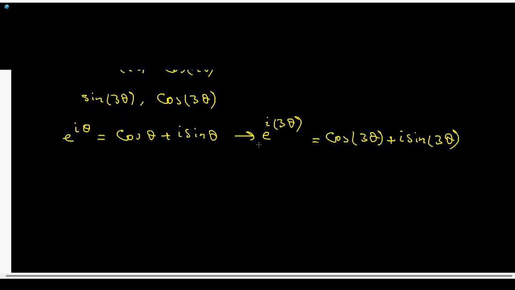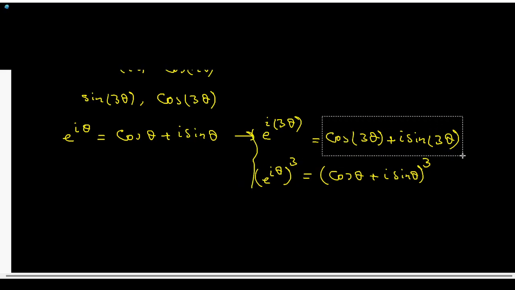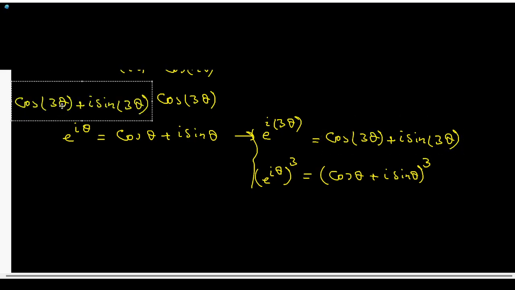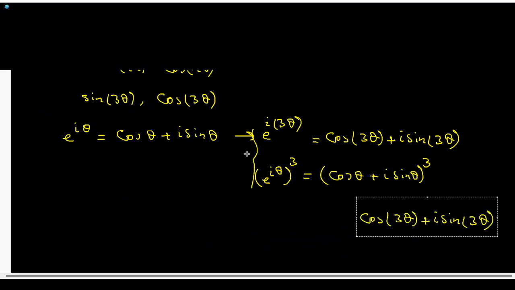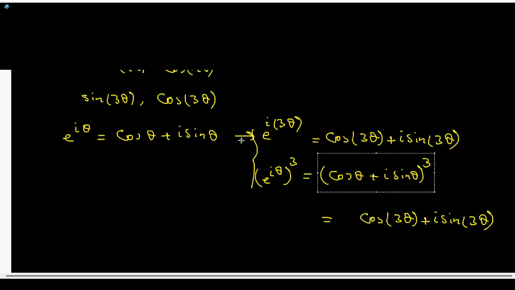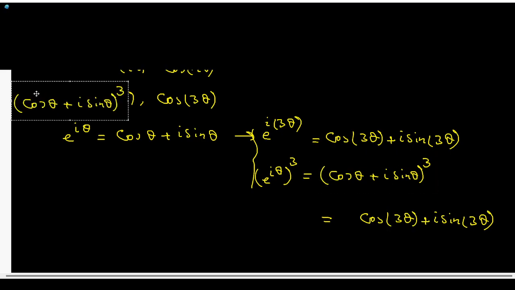But e to the i times 3 theta can also be written as e to the i theta raised to the 3, which is cosine of theta plus i sine of theta, the quantity raised to the third. In these two expressions, the left sides are equal, so the right sides must also be equal. So we get cosine of 3 theta plus i times sine of 3 theta equals cosine of theta plus i sine theta, the quantity cubed.